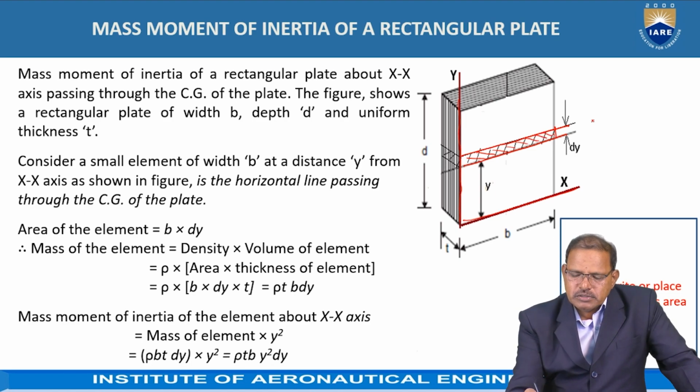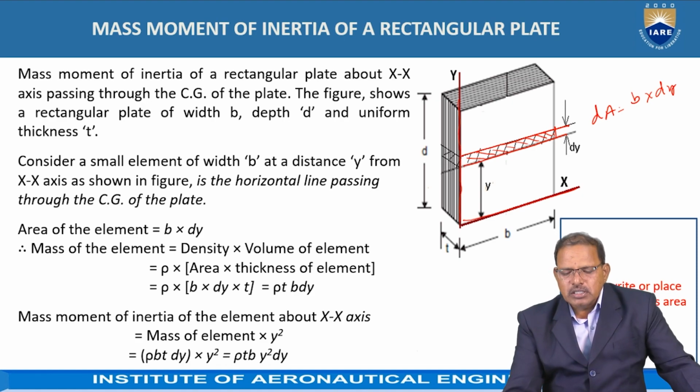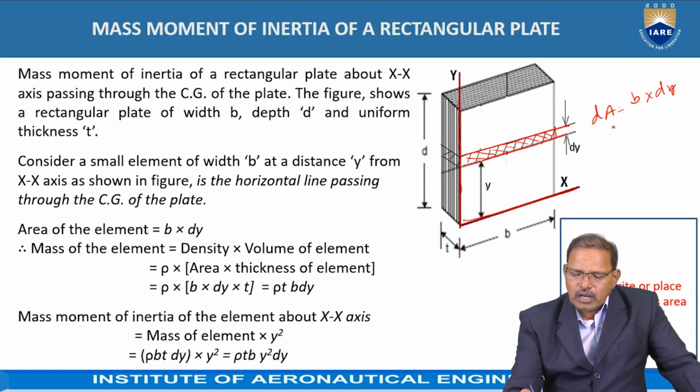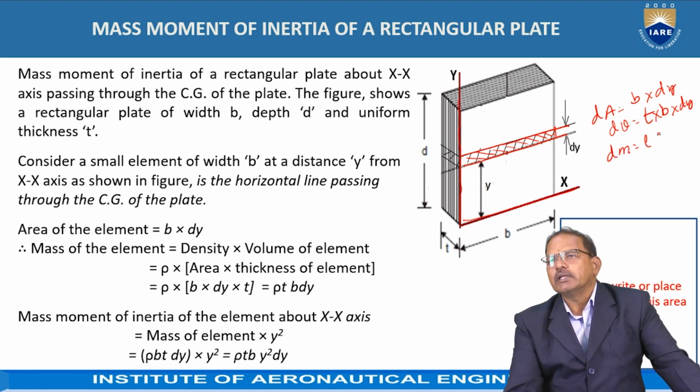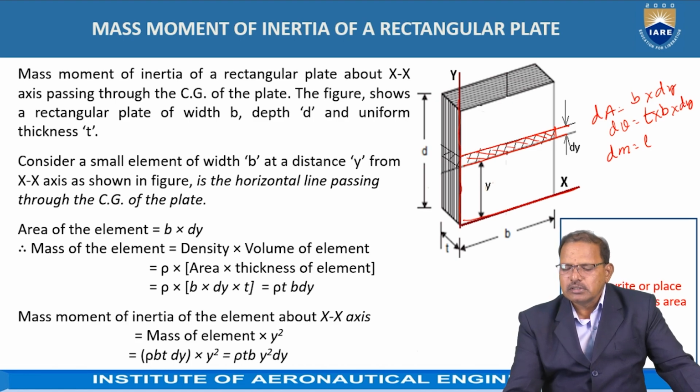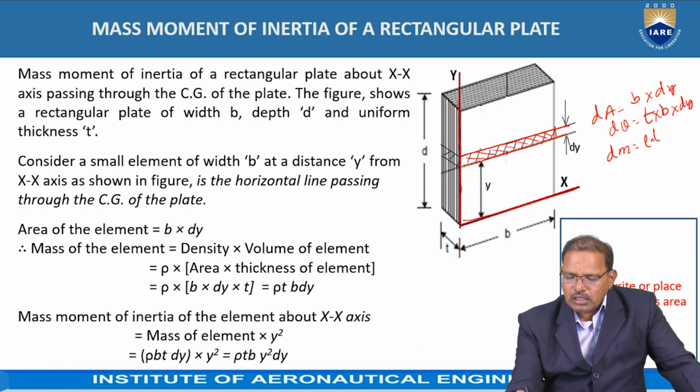Now the area of the strip is dA equal to b into dy. Since it is a three-dimensional object having thickness t, the volume possessed by this segment is equal to the area multiplied by the thickness. The mass dm is equal to rho, which represents the density of the material, multiplied by the volume, that is t b dy.